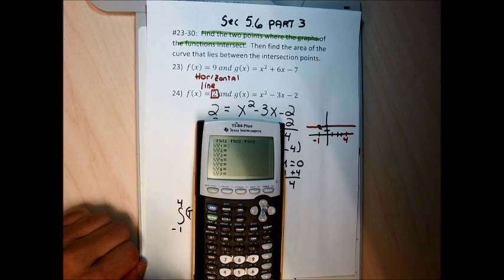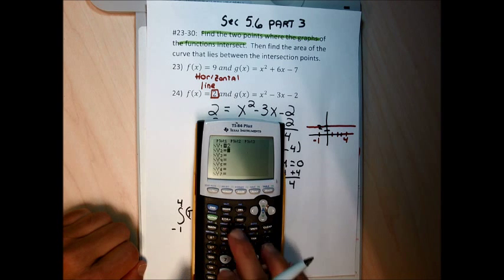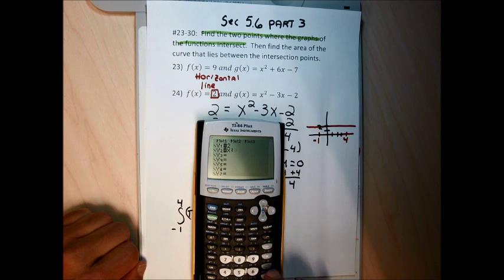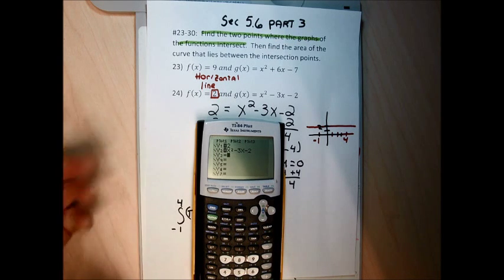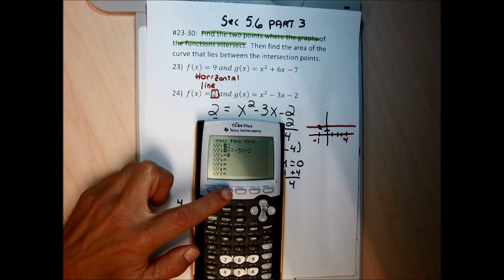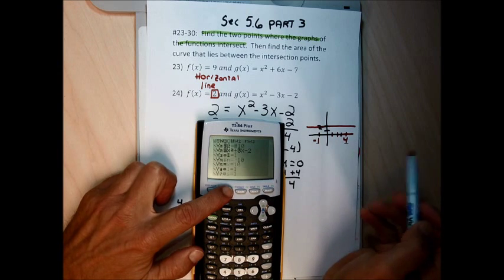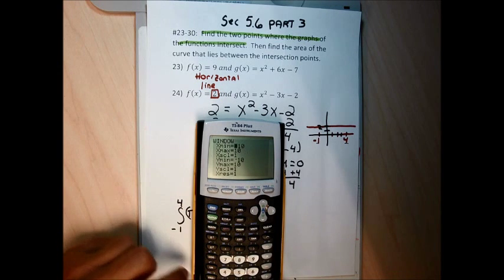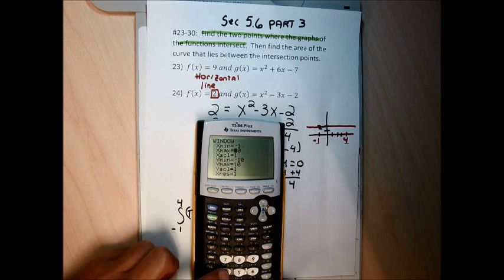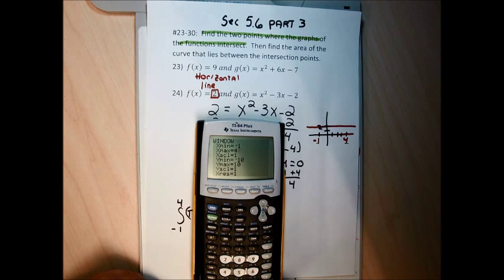So I'm going to graph f of x equal to 2 and g of x equal to x squared minus 3x minus 2 together on one coordinate system. I'm going to set my window to only have the values of x where the graphs intersect. So x min equal to negative 1 will be my minimum value. X max equal to 4 will be my maximum value.